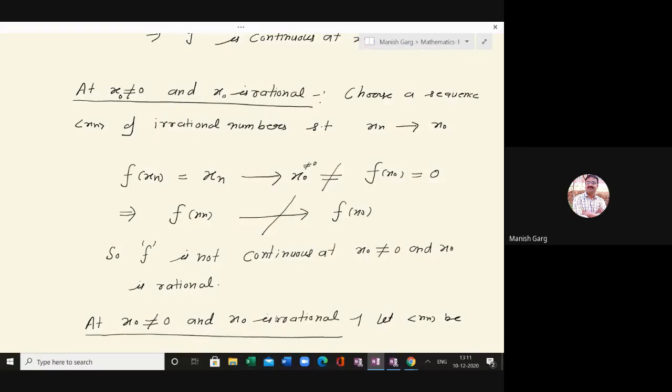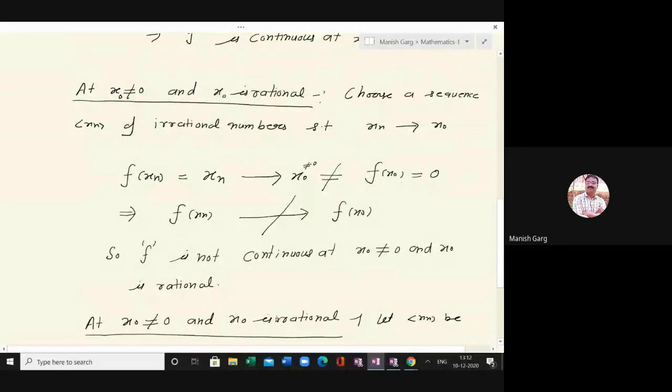What I am saying, x naught equal to 0 I have done. So there may be two cases, x naught rational or irrational. So what I do, I consider a sequence of irrational numbers which converges to x naught. If f is continuous, then f(x_n) converges to f(x naught). Let us check f(x_n). Here x_n is irrational. If x is irrational, f(x) is equal to x. So f(x_n) will be x_n. So this will converge to x naught, which is non-zero.